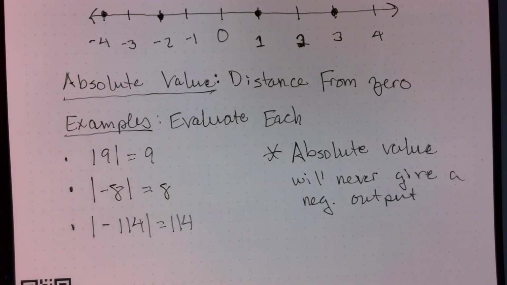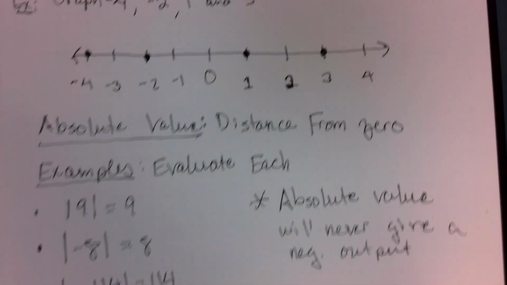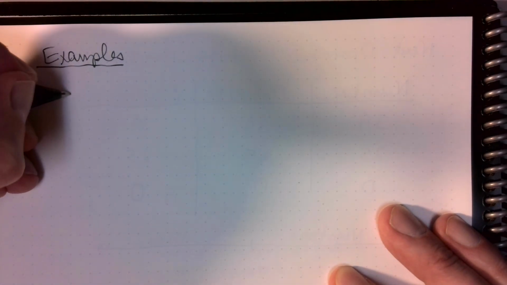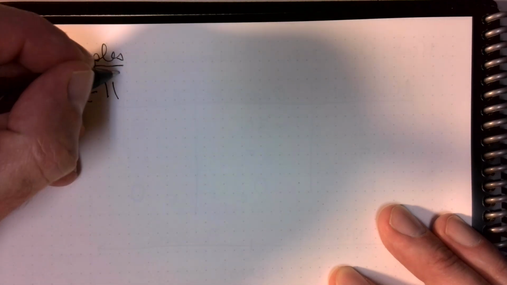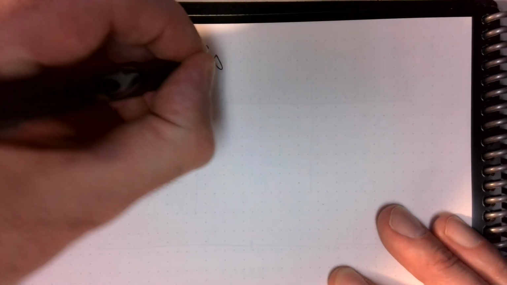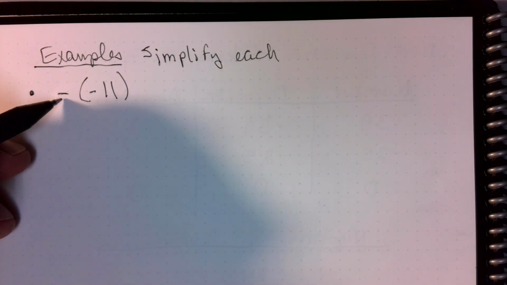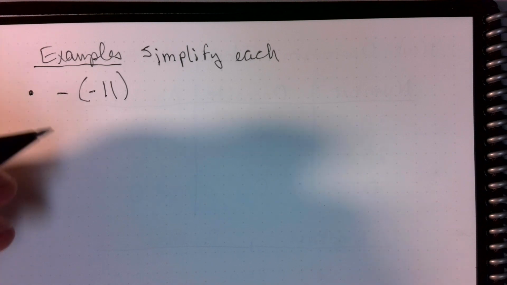So let me do a couple more that involve some negative signs and absolute value in different combinations here. Let's say the instructions here are simplify each. So when you see a negative out here like this, I want you to think opposite.